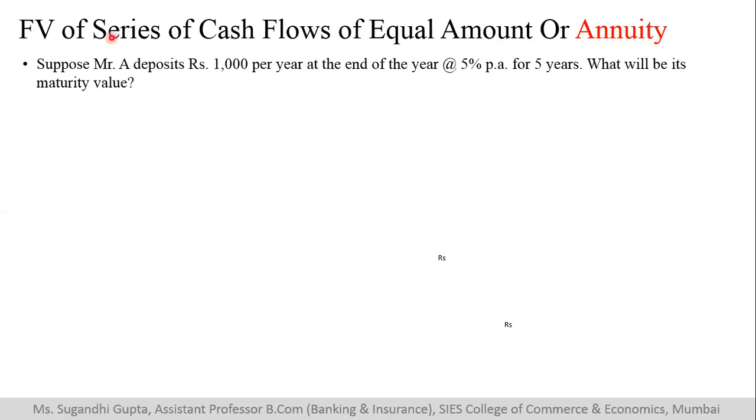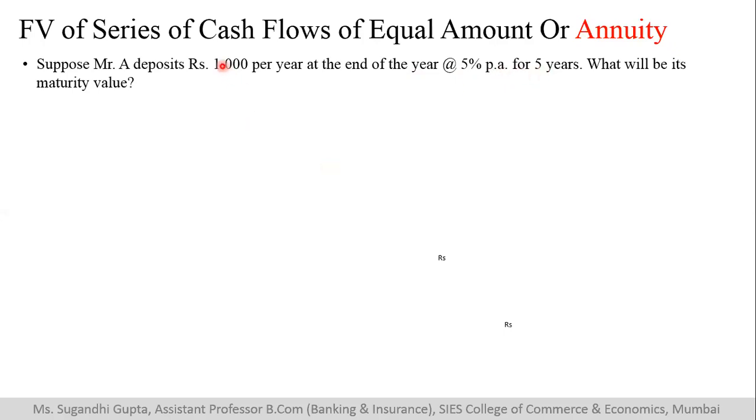Now I am taking an example. I'm changing the example, which says, suppose Mr. A deposits 1,000 rupees per year, at the end of the year. This is extremely important. He is investing the money at the end of the year at 5% per annum, and that too for 5 years.